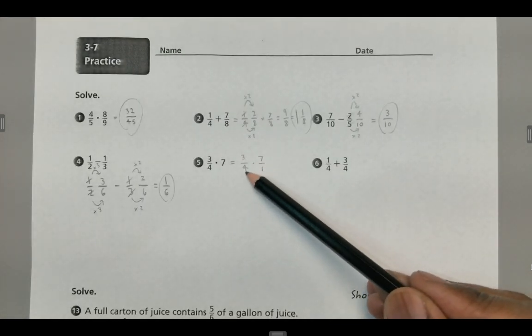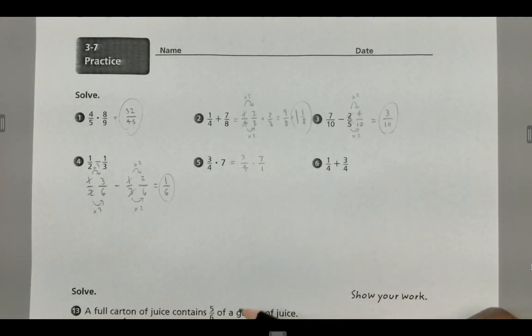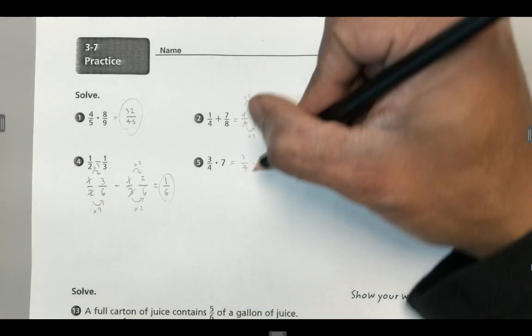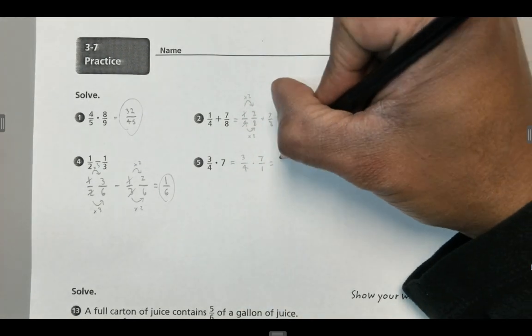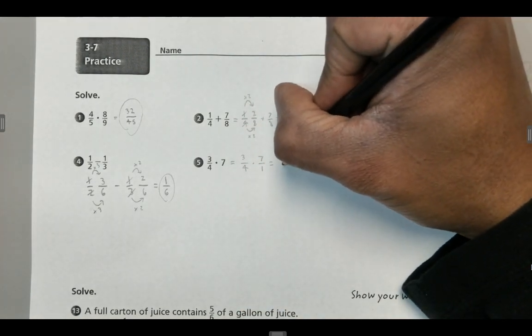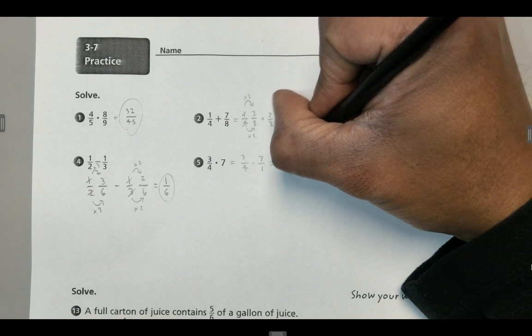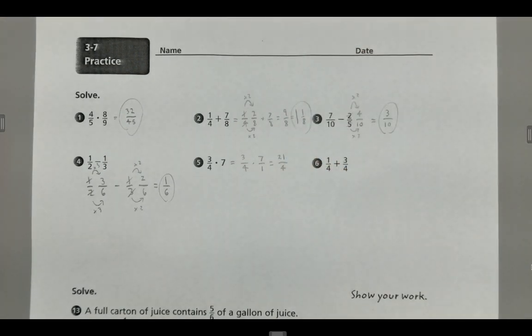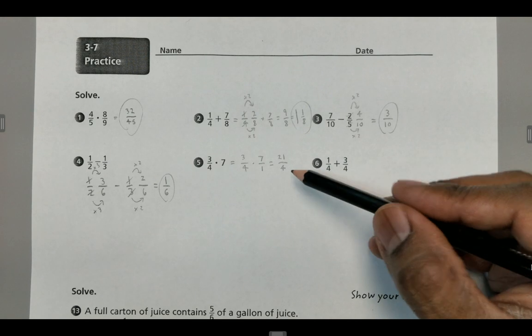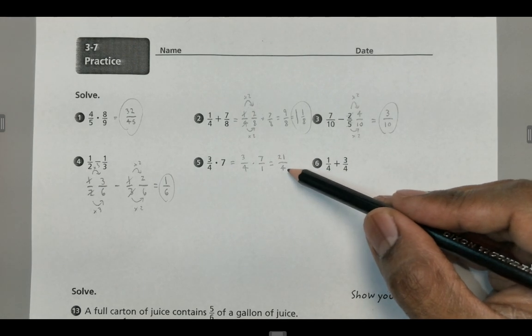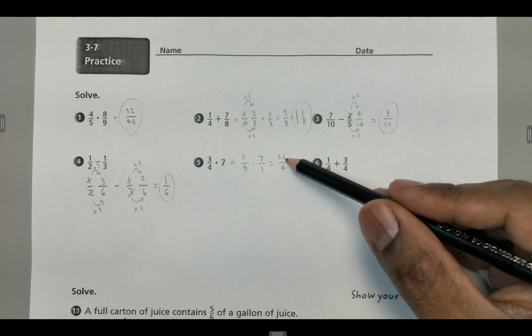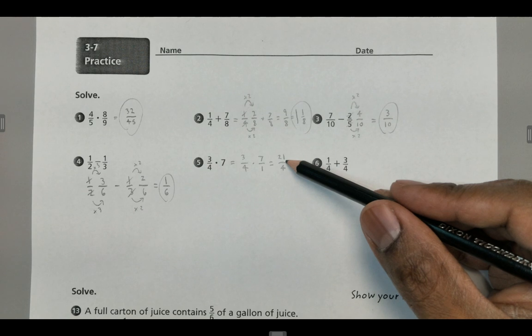Any opportunity to use cross-canceling? No. So I'll simply multiply across the top. 3 times 7 is 21. Multiply across the bottom. 4 times 1 is 4. 21/4 is improper. So we will simplify this by converting it to a mixed number. 4 goes into 21 how many times cleanly without going over?